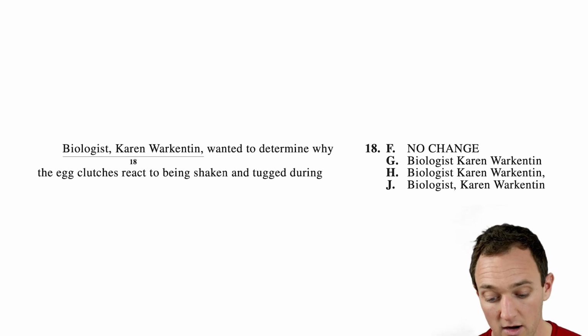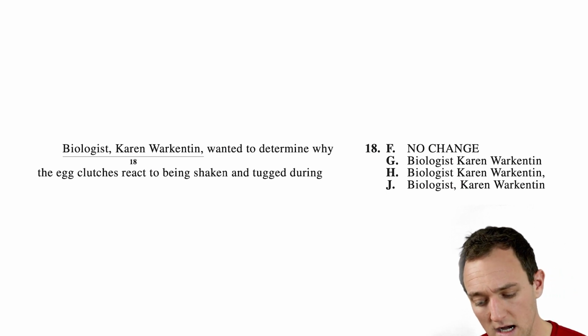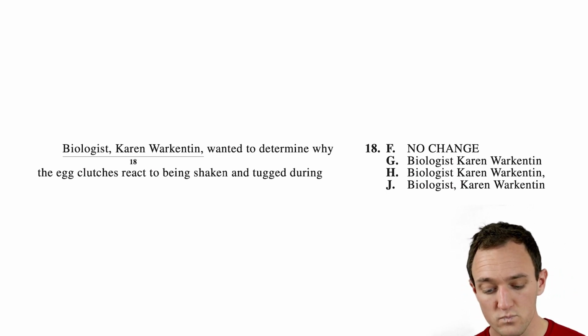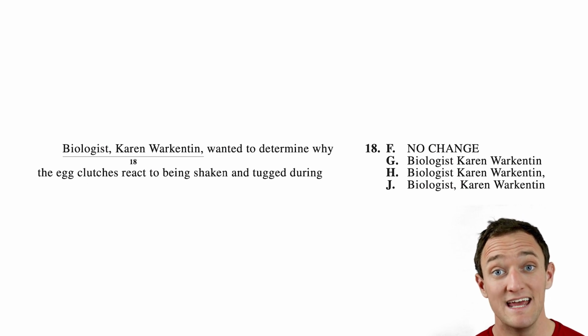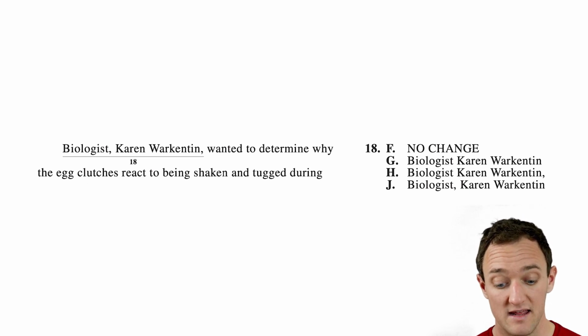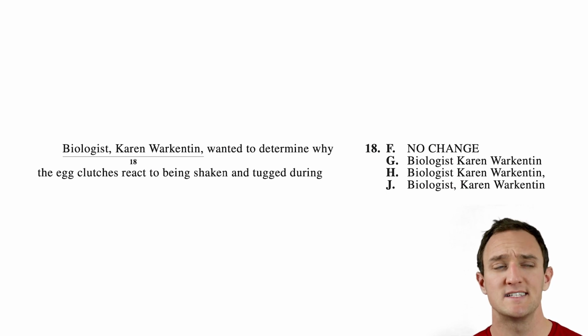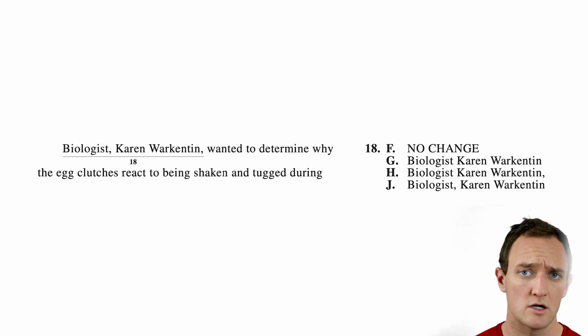The biologist Karen Workington wanted to determine why the egg clutches react to being shaken and tugged during, and so on. This is what we here at Granite like to call a title phrase. It gives a title, some kind of job, in this case biologist, but I've seen ACTs where they say the engineer or the doctor or whatever.